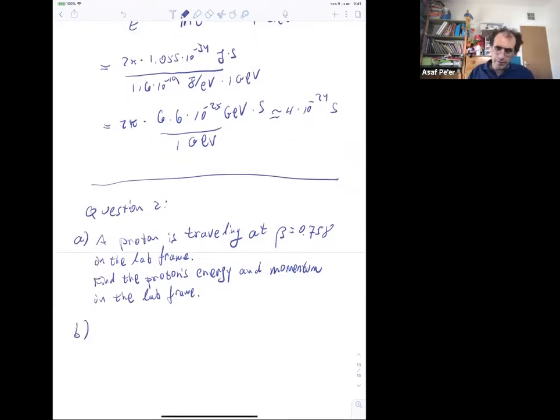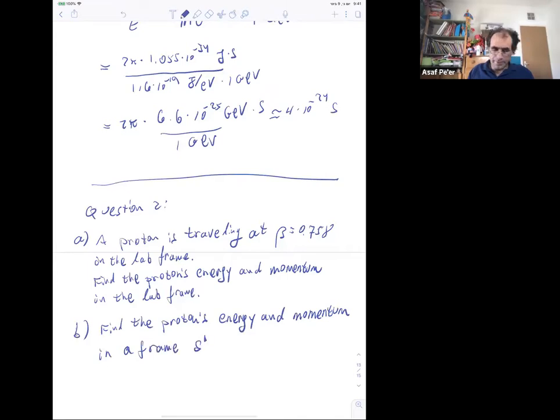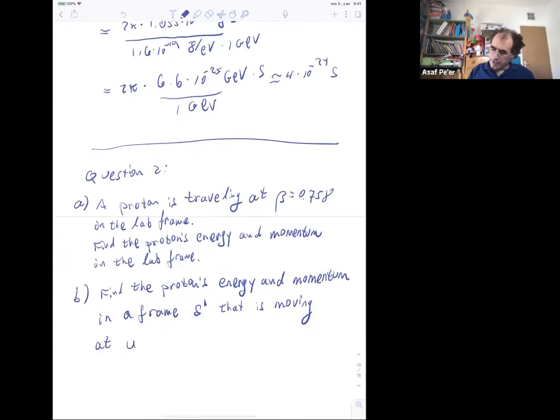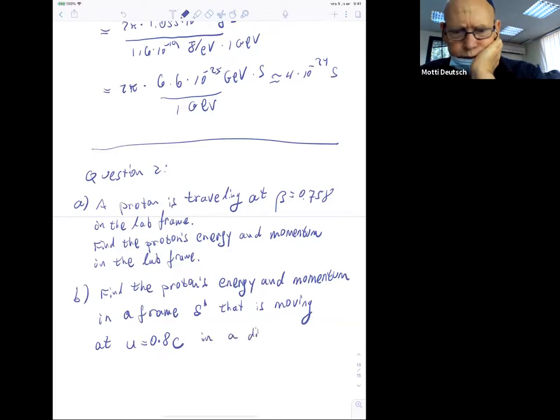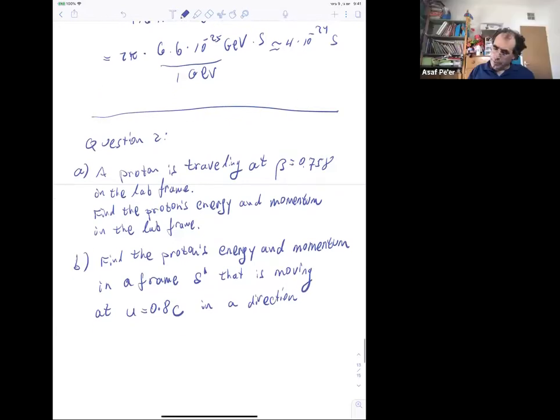And B is find the proton's energy and momentum in a frame S prime that is moving at velocity u of 80% the speed of light in a direction perpendicular to the proton's velocity in the lab frame.